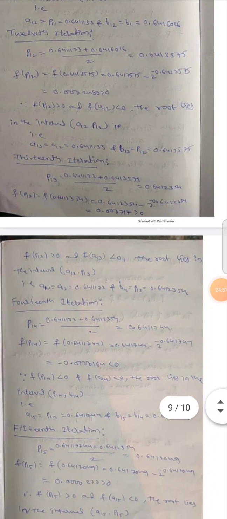P13 is equal to 0.641133 plus 0.641357 by 2 is equal to 0.641235. Next, f of P13, the value comes to 0.30717. This is greater than 0.